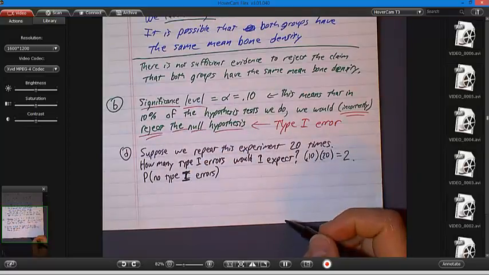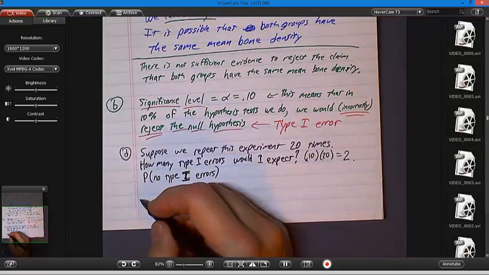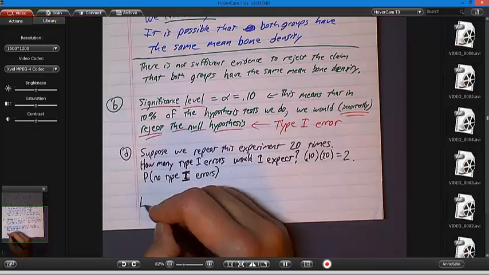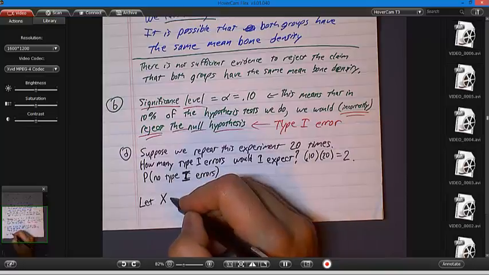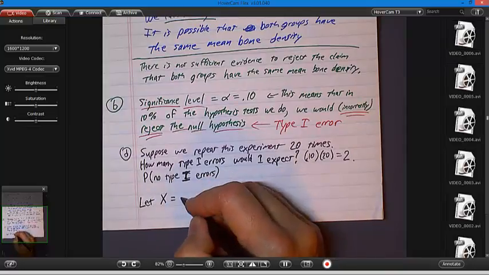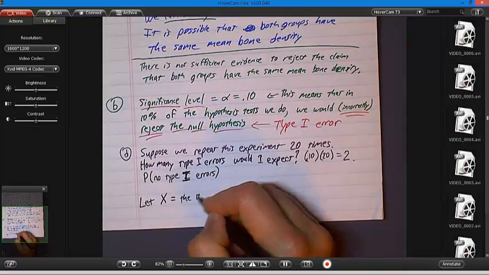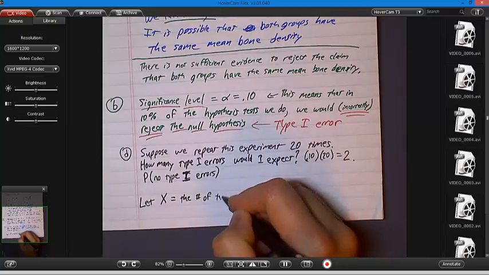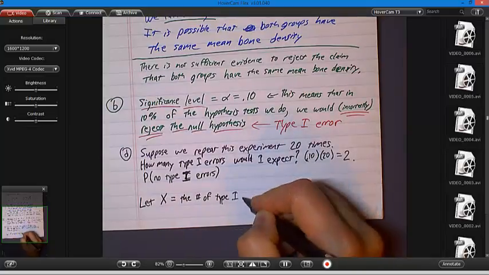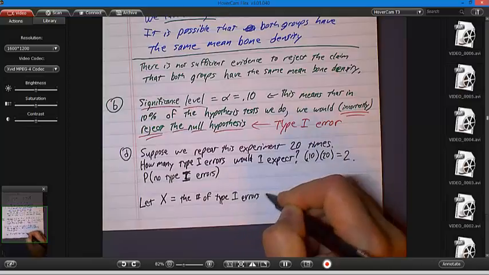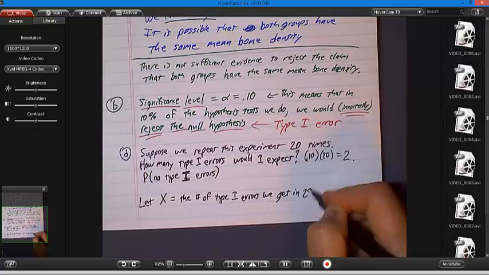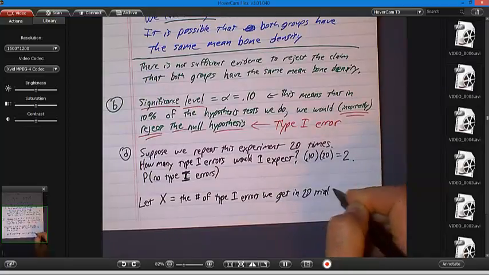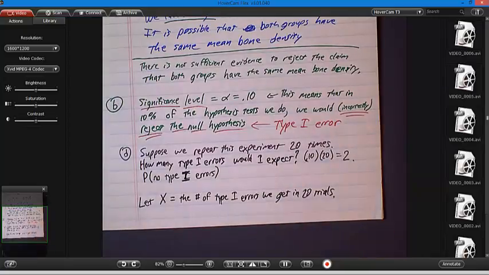We didn't talk about type 2 errors here. And so what I'm going to do is something we did in chapter 5. I'm going to define a random variable. Let x represent the number of type 1 errors we get in 20 trials. So I did the experiment 3 times. If I do it a total of 20, what do I know about x?